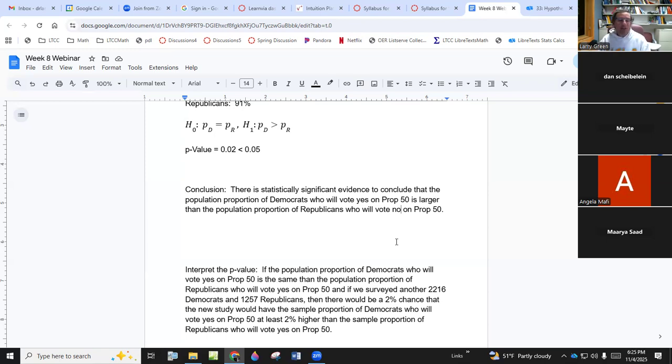The answer is yes, because one thing that you may or may not know about California, but you probably know, is that there's a lot more Democrats than Republicans. So if the population proportion of Democrats who are going to vote yes is larger than the population proportion of Republicans who are going to vote no, then there's definitely going to be more yeses because there's a lot more Democrats than Republicans in California. Okay, that's assuming most people vote. So this one's probably going to pass, but we won't know yet, probably till tomorrow or maybe a few days. Okay, any questions on the conclusion?